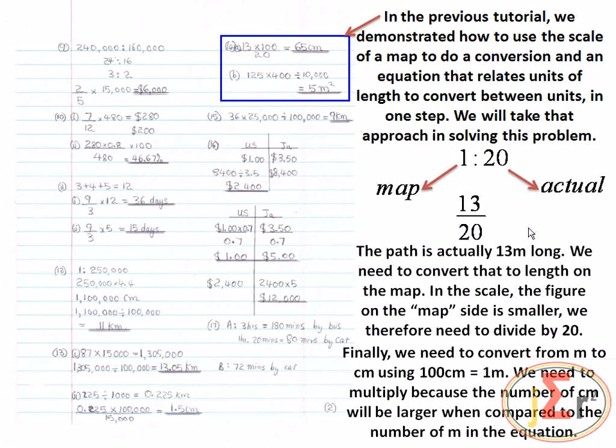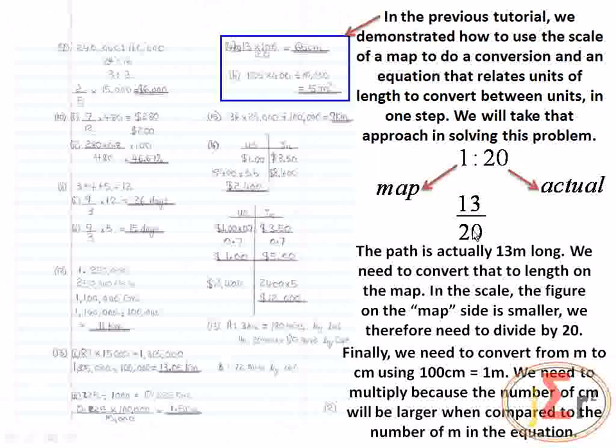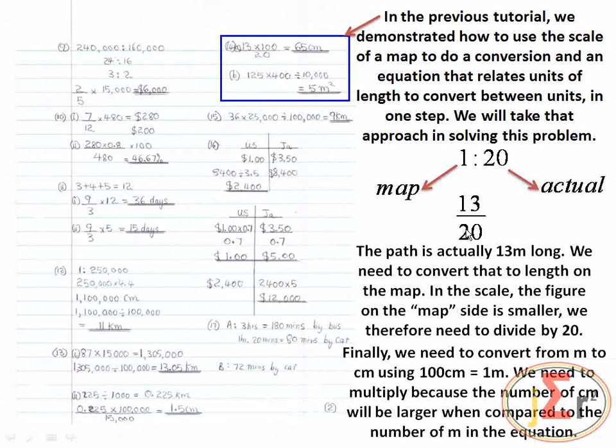Finally, we need to convert from meter to centimeter, because we have not done any unit conversion yet. So this 13 that we had here, 13 is in meters, and when we divide by 20, the distance is still in meters, although it is now the distance on the map.